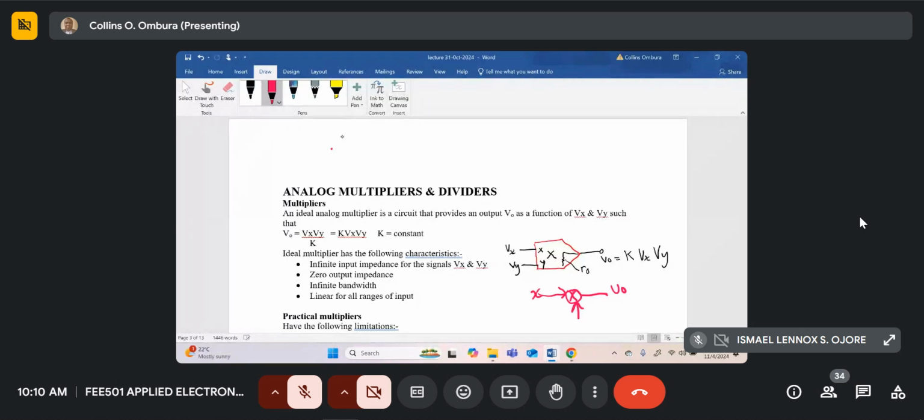So you got a signal X and Y, and you're using a small symbol, a cycle, for an analog multiplier. But in this class, we are going to see how we design real analog multipliers.